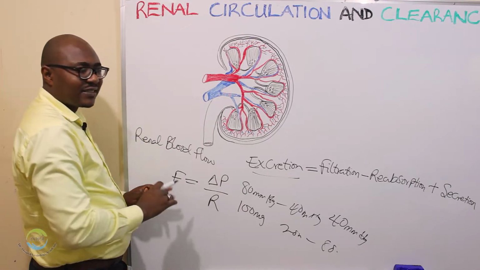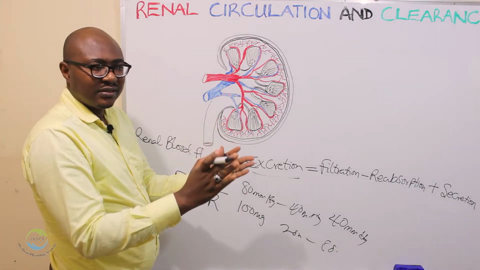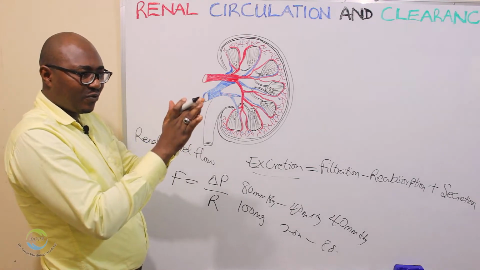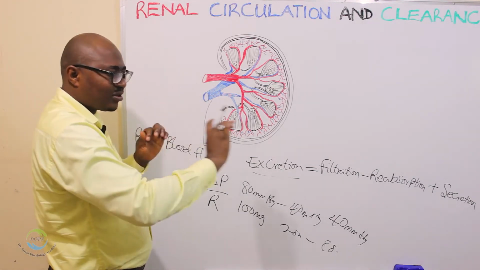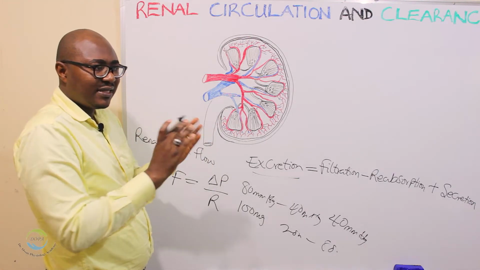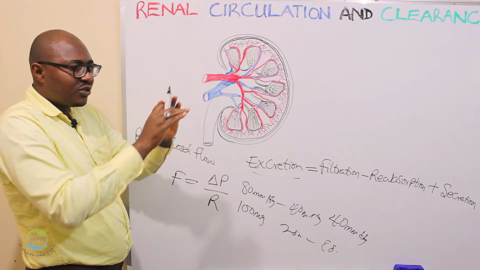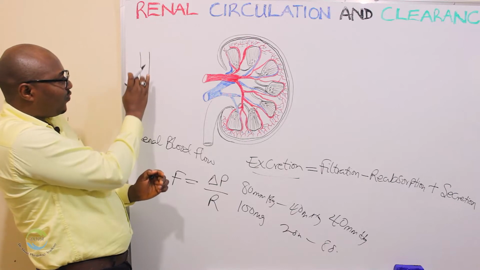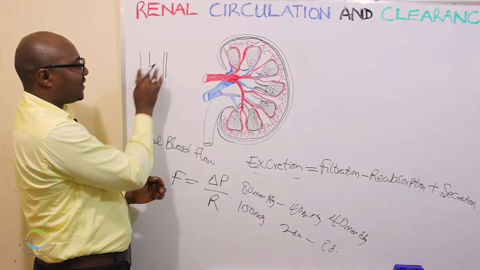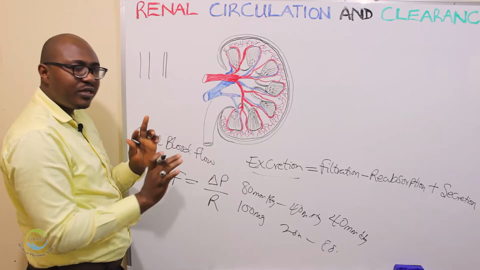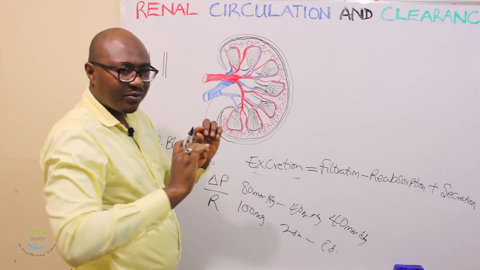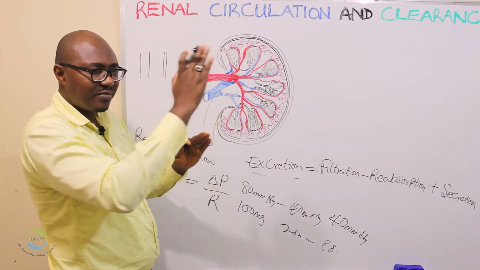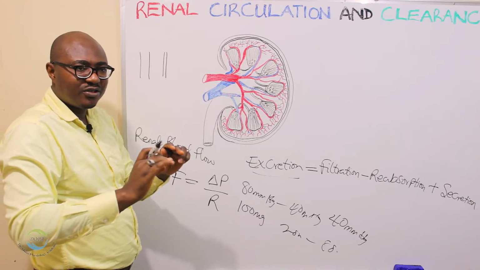Now, resistance has to do with the diameter of the vessel. So many things influence resistance, but in this case, we're talking about the blood vessels, things that can resist it from flowing. So it depends on how wide. A vessel that is this wide, stuff will flow faster than a vessel that is thin like this, okay? And we know that arterioles, the different generations, branches of the arterial system, from arteries, smaller arteries, down to arterioles before capillaries.